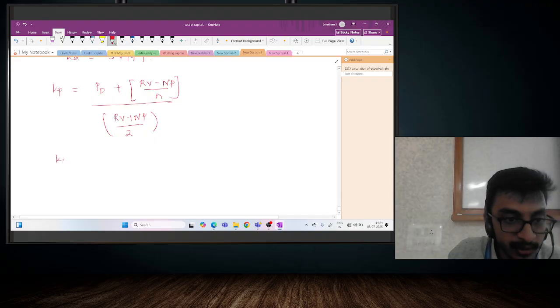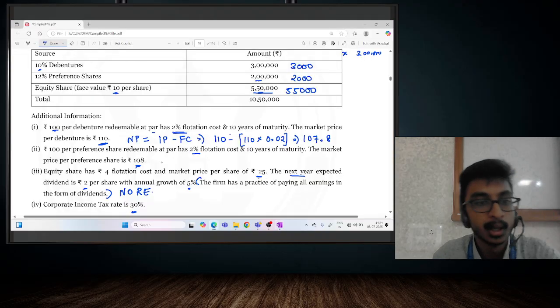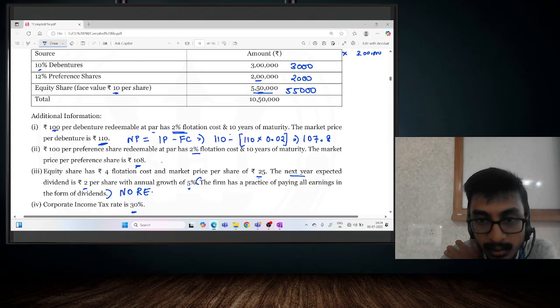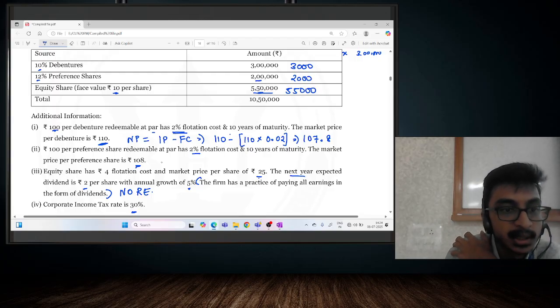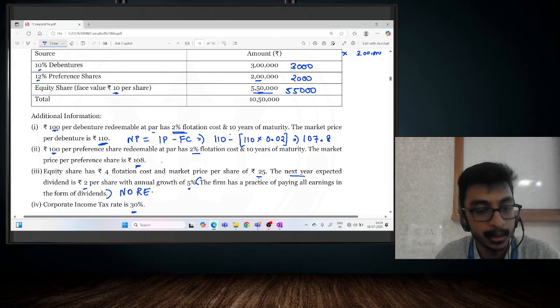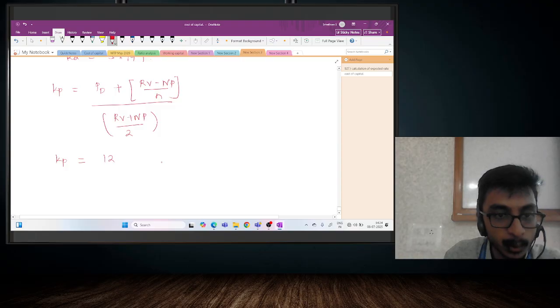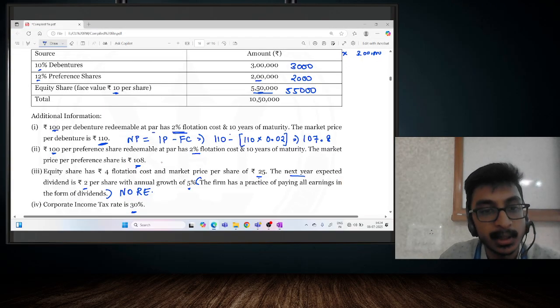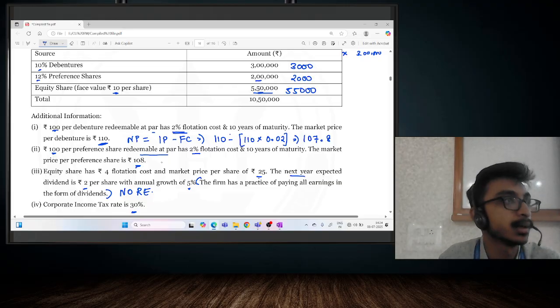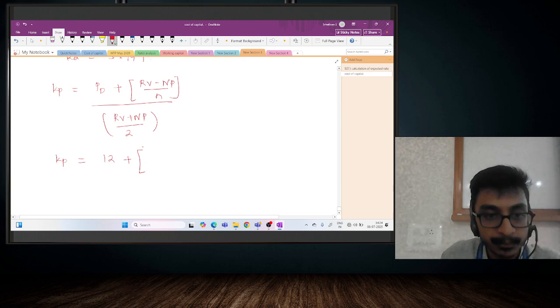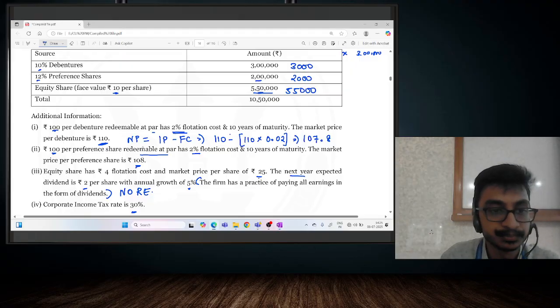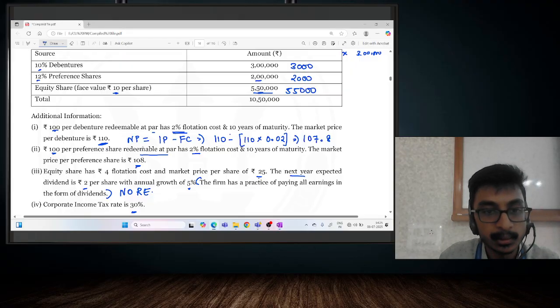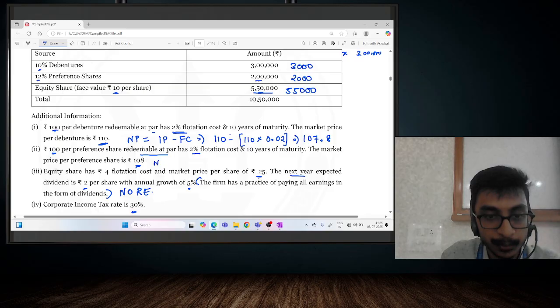So cost of preference share capital is equal to the coupon rate on preference share, it is 12%. Face value of preference share is rupees 100. So preference dividend paid will be 12 rupees plus. In the question it is clearly mentioned the preference shares are redeemable at par. So redemption value is 100 minus, what is the net proceeds here? Net proceeds is equal to issue price minus flotation cost.